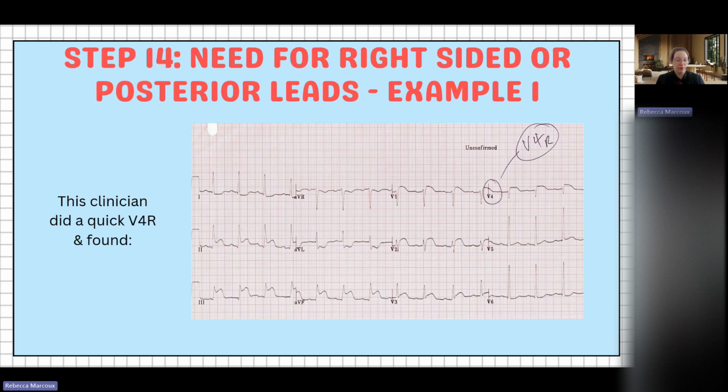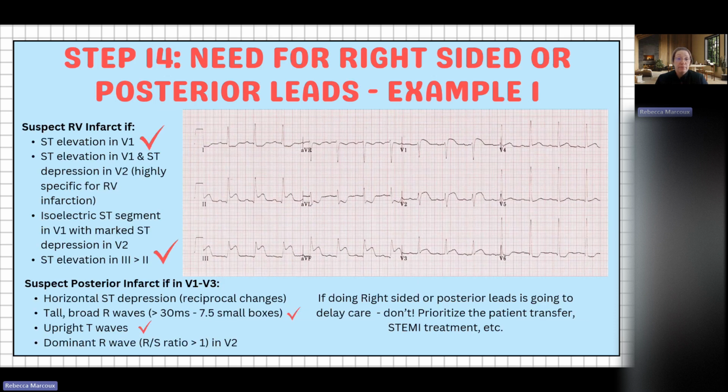As you can see in V4R, we do have ST elevation. It's a bit hard to see on this screen, I totally get it, but we do have ST elevation. So this patient is having an inferoseptal MI and a right ventricular infarct.